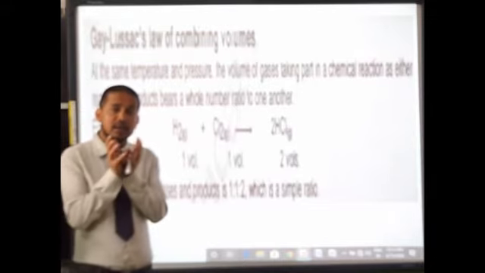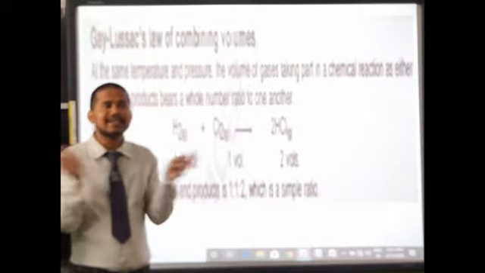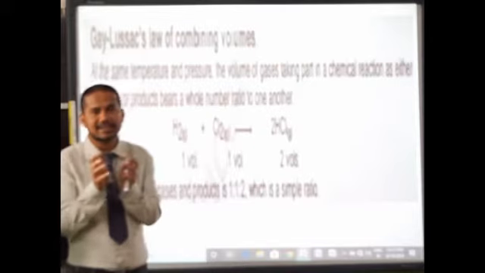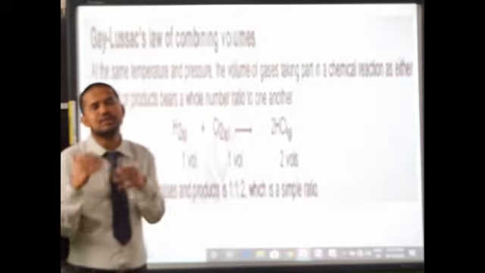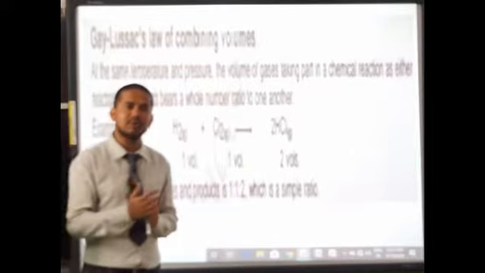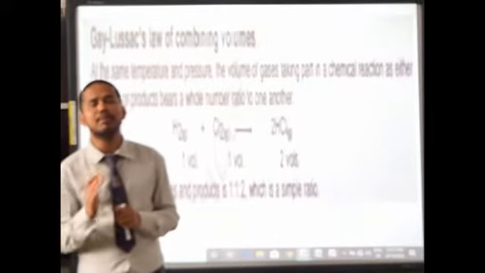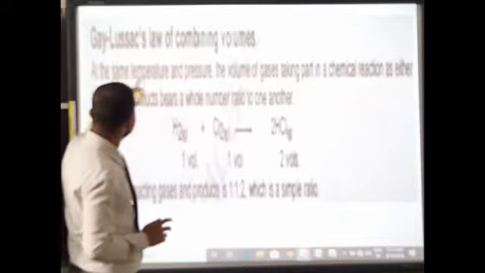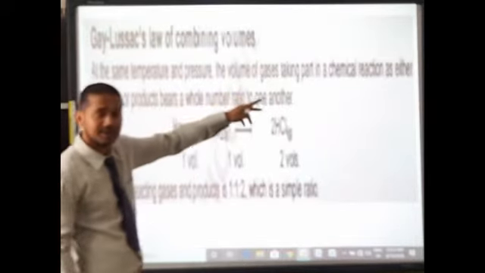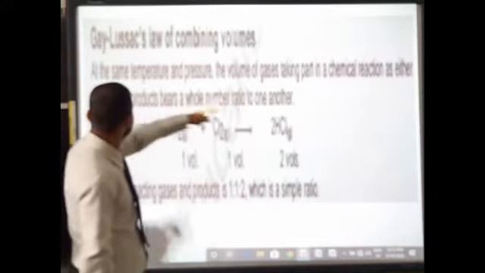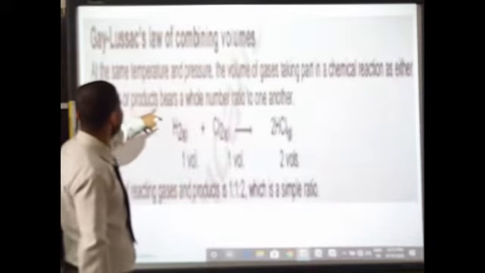That means the gases that are undergoing a chemical reaction do so in such a way that their volumes are always in a whole number ratio, whether as reactants or products.